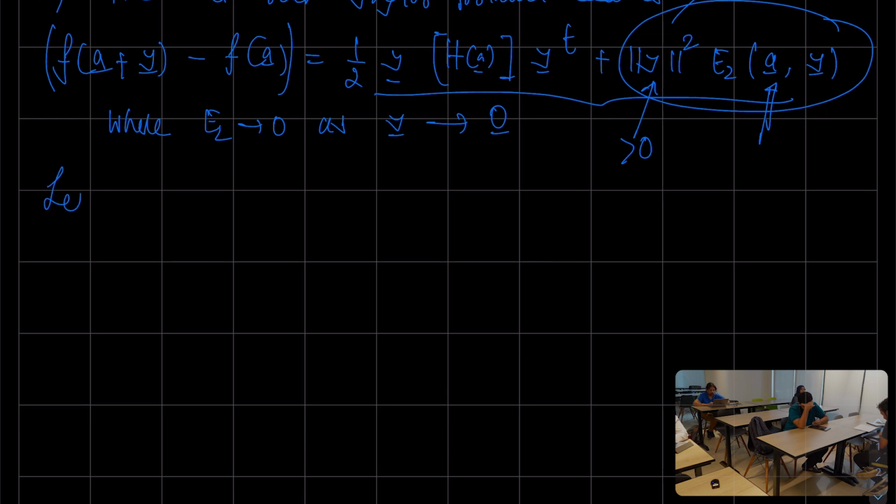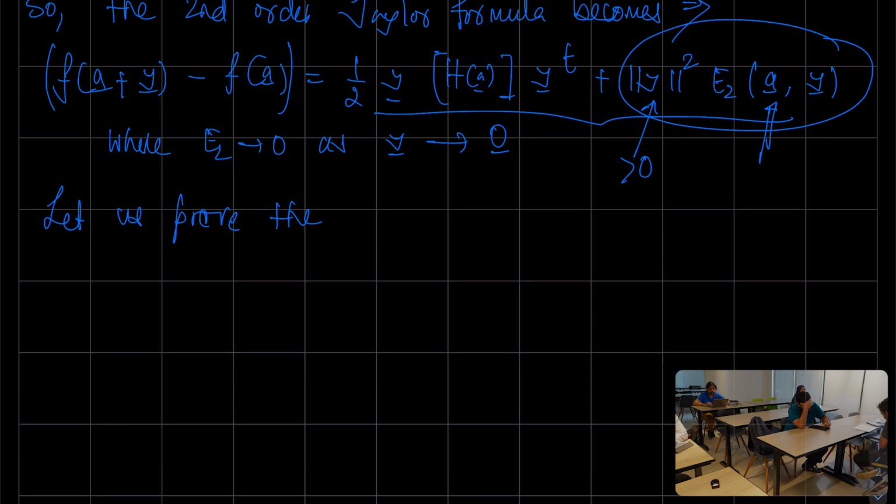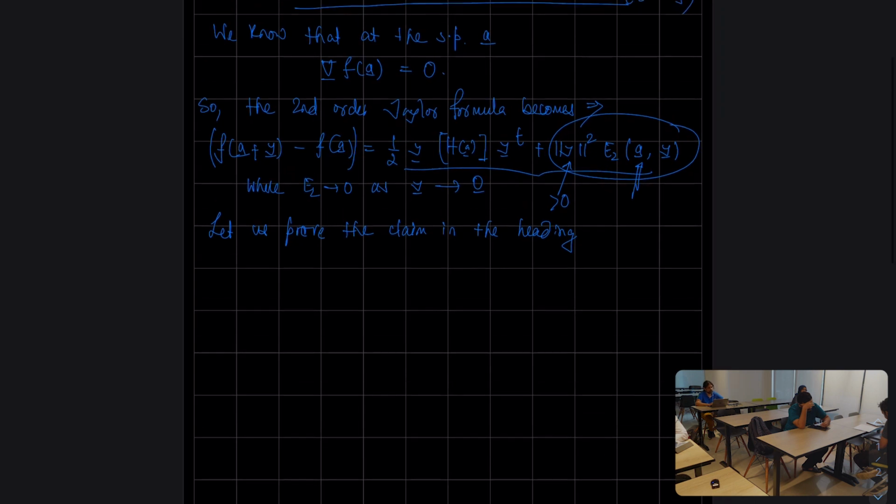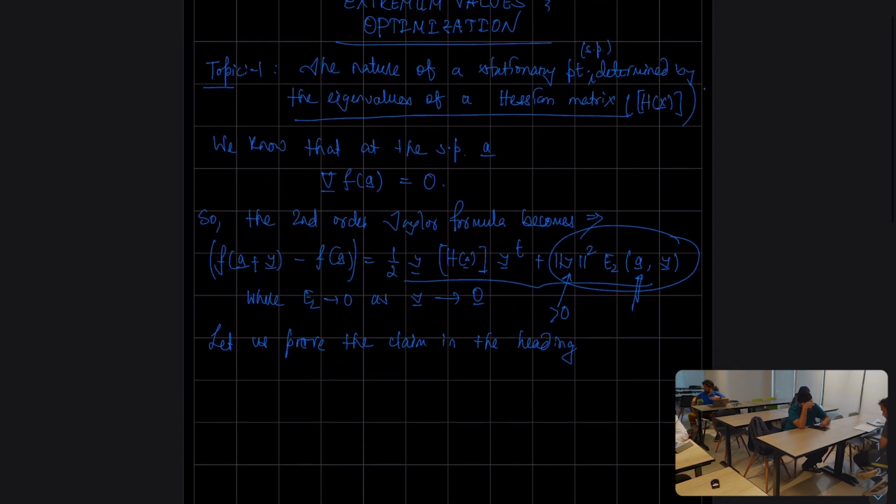Let us prove the claim in the heading. The claim in the heading was this, topic 1, and we want to prove it. The proof will be based on two things.